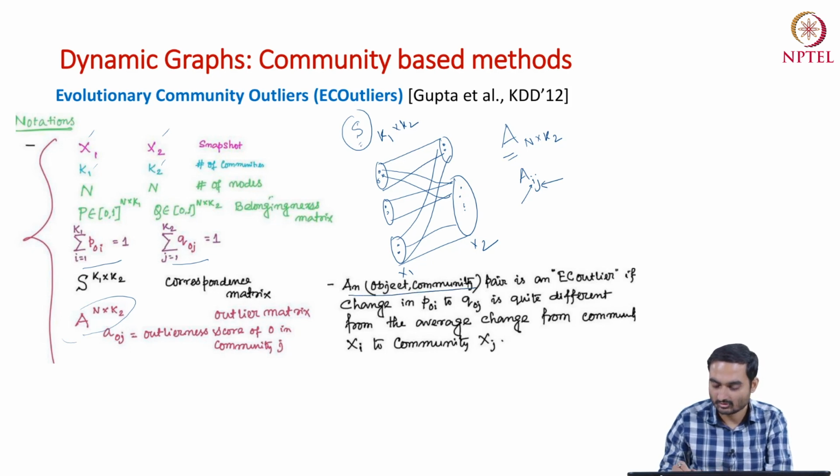An object community pair, for example (o, i), is an outlier if the change from Poi to Qoj, where o is the object moving from the ith community to the jth community in the next timestamp, is quite different from the average change from community Xi to community Xj. Our task would be to identify such outliers.